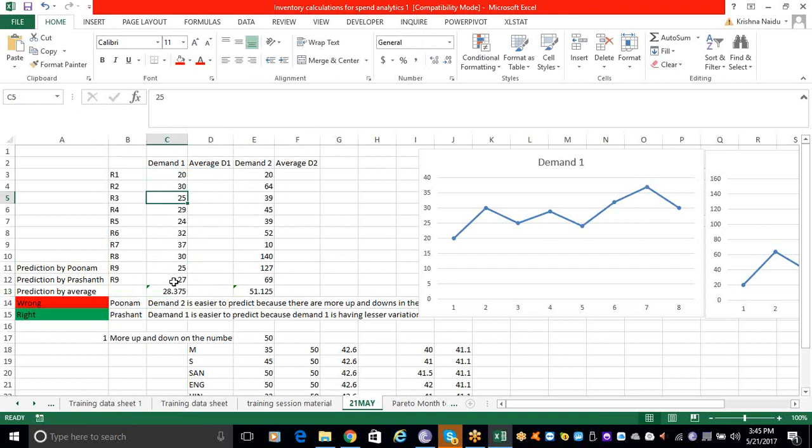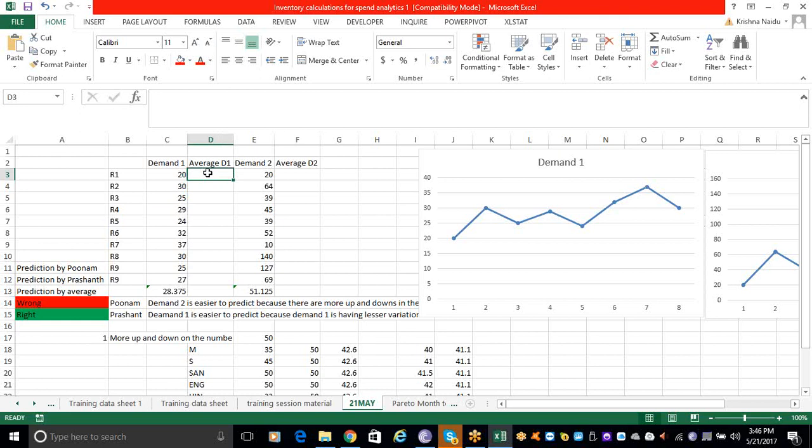So if we go by the calculation by average, how much chance of error will there be? Because it's only a prediction, there will be chances of an error.